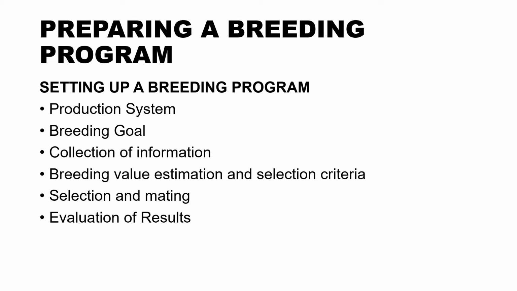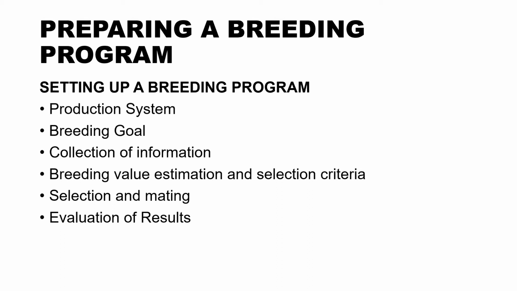So, for example, if you are into producing, yung gusto mong ibenta is yung mga breeders, then yung production system mo will focus on pag-produce ng mga pigs, mga boar and sows that can potentially become good breeders.